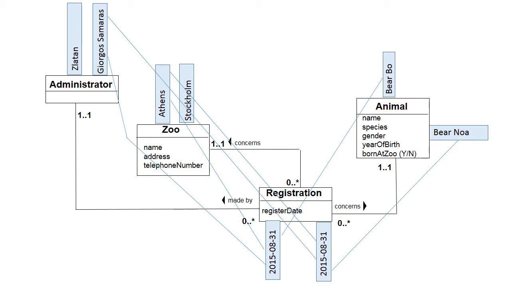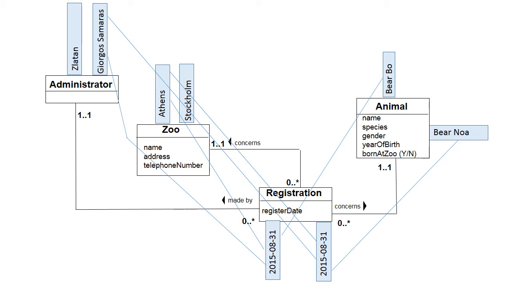So we can check Zlatan and Georgios here. We start with Zlatan. Zlatan is not linked to any registration object, and that is okay according to the multiplicity rules, which says that the minimum is 0. The minimum value is 0, which means that an object of the administrator class does not need to be linked to a registration object.